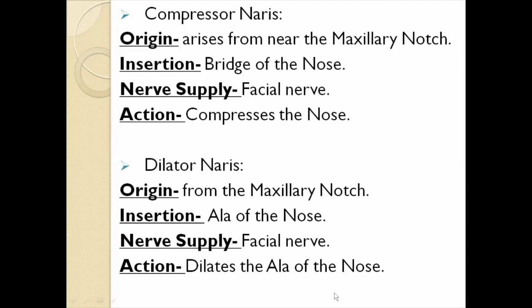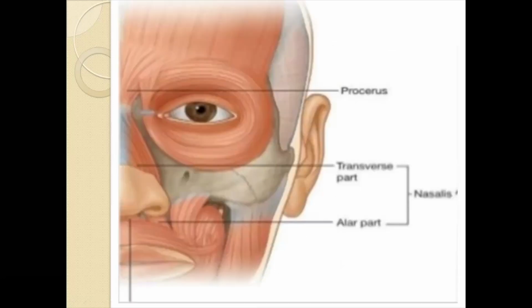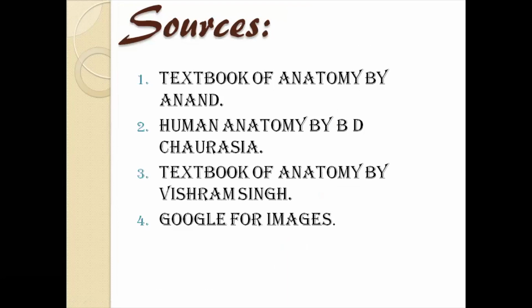Okay, now I couldn't find any specific diagram for the action of the nasalis muscle, so you again need to imagine this point of mine that the compressor naris compresses the nose, whereas the dilator naris dilates the ala of the nose.